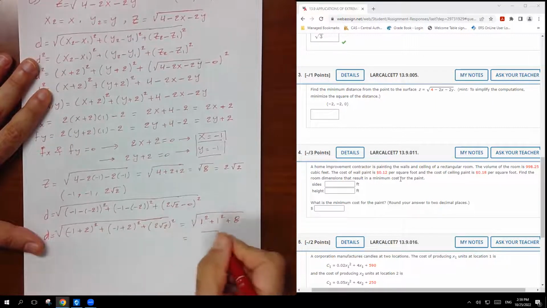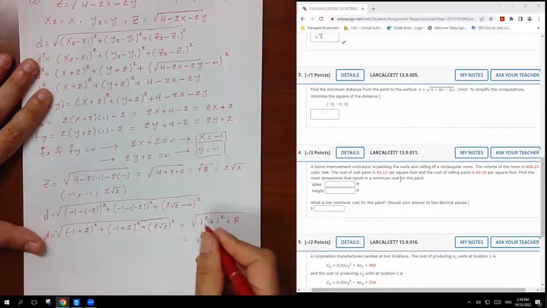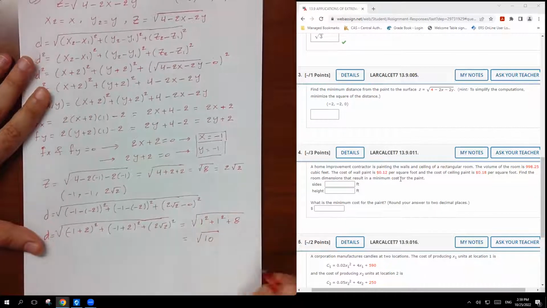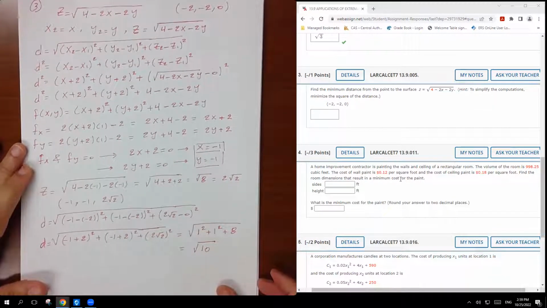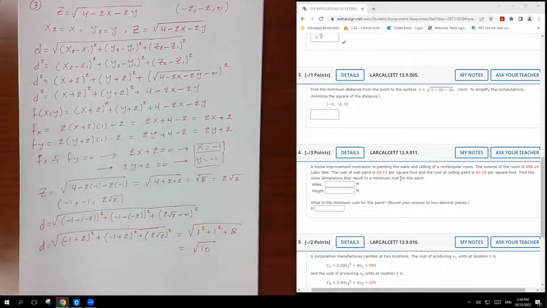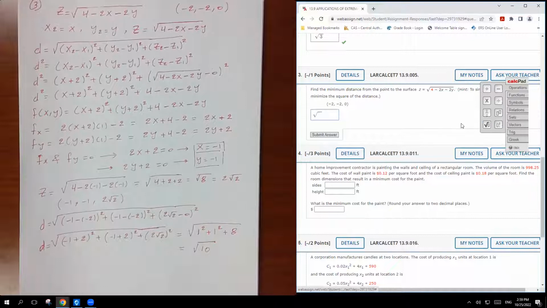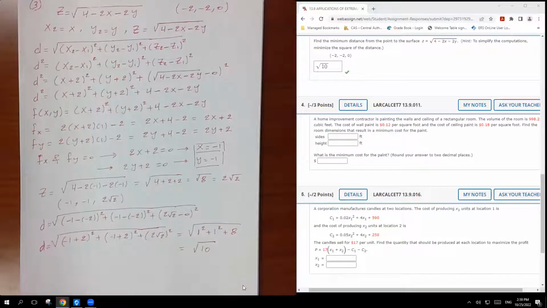So the result is the square root of 1 plus 1 plus 8, which is 10. So this is the distance between the surface and the point. The distance here is going to be square root of 10. There we go, square root of 10.